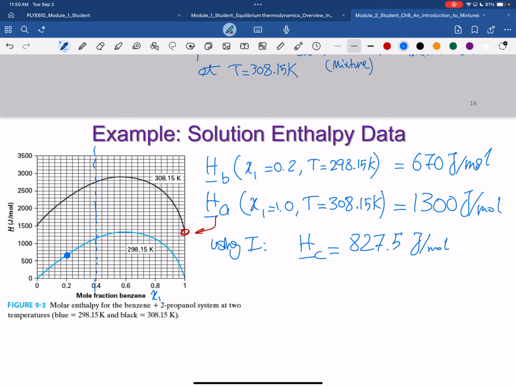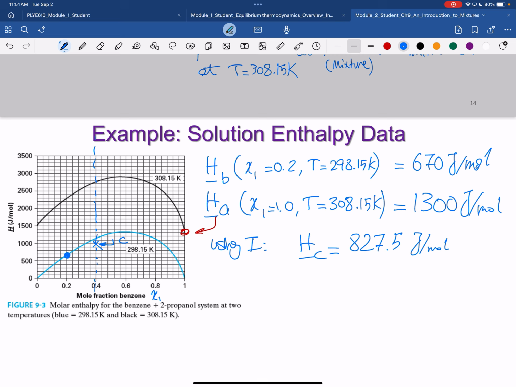What is my enthalpy for HC? 800, right? We just calculated 827, right? Where is the 827 on the vertical axis? It is a little bit less, right? So somewhere here, right? That's our C point that we are looking for.